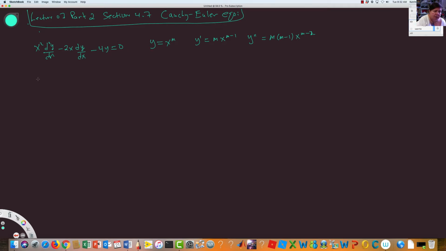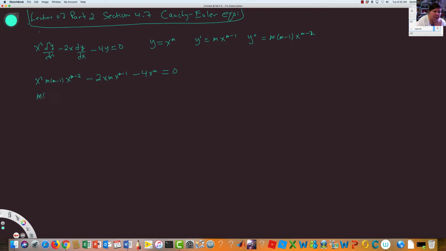Now we substitute in, and we get x squared m times m minus 1 times x to the m minus 2, minus 2x m x to the m minus 1, and then minus 4x to the m equals 0. Here you can see this is going to combine to give me x to the m.